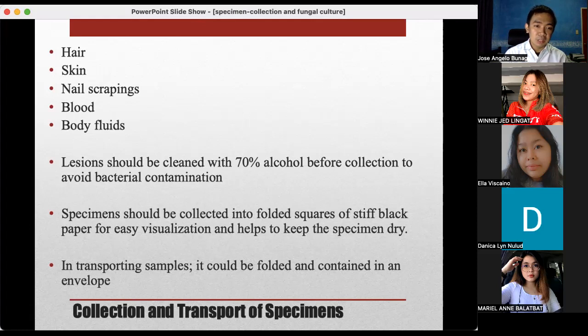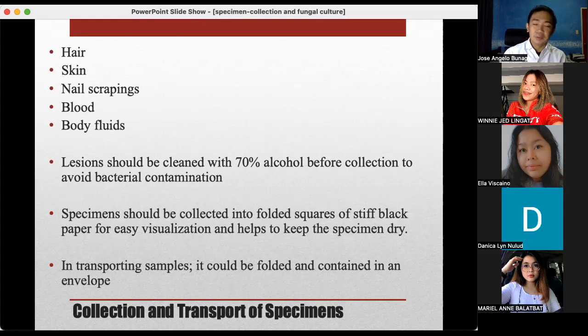For instance, kunyari yung skin sample from your scalp, particularly pag mga dandruff, you could brush that with sterile toothbrush or hairbrush, and the specimen is then placed in a dry, sterile paper envelope.